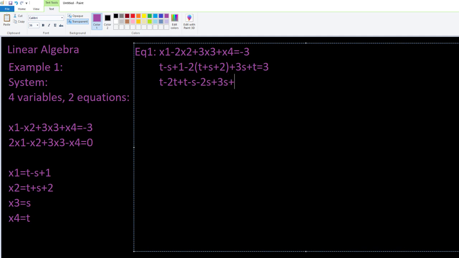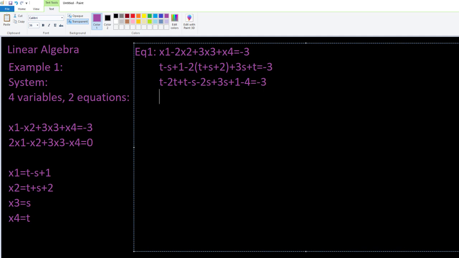And then for the constants, we have plus 1 minus 4. Equals negative 3. There we go. I'm happy now.